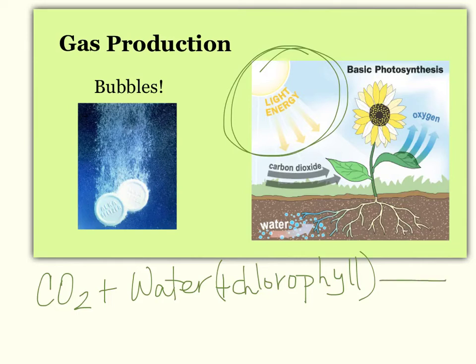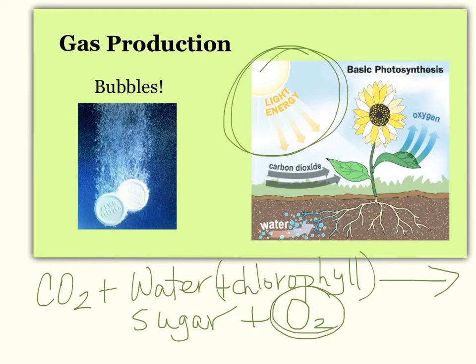These things yield sugar for the plant, and that sugar is taken through the phloem to all parts of the plant to be transferred into energy that the plant can use to grow and reproduce. But it also produces oxygen gas, which is released through the stomata as well. Because we have this gas formation, this is another indication that a chemical reaction has taken place. So that's a little mini lesson bonus for you on photosynthesis.